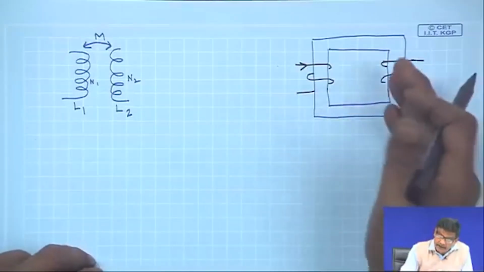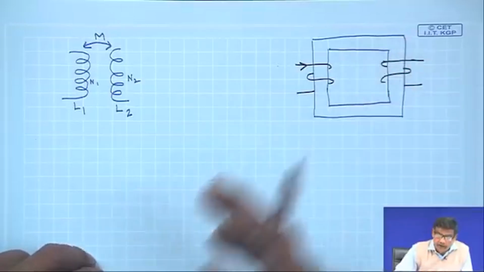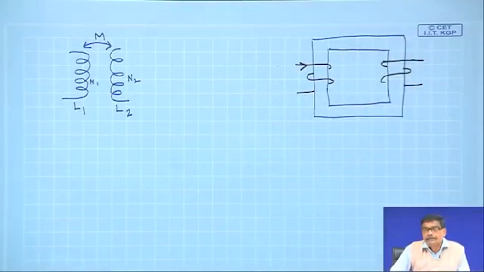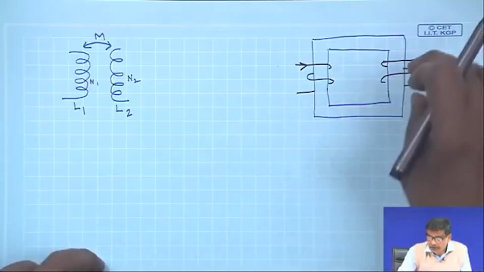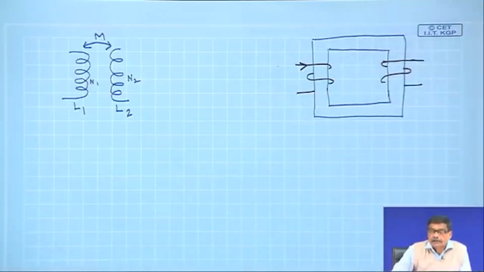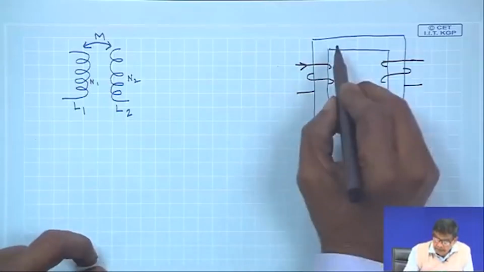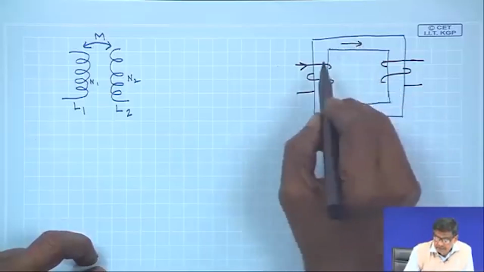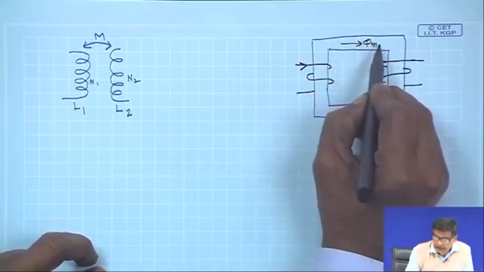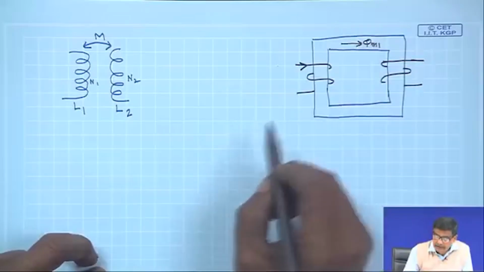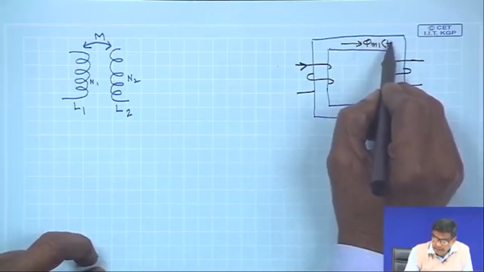So, the flux linkage in the second coil must become a function of time, and only then do you get a voltage across the other terminals. Therefore, this mutual flux created by coil 1 must be a function of time.